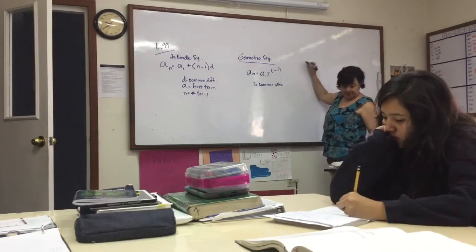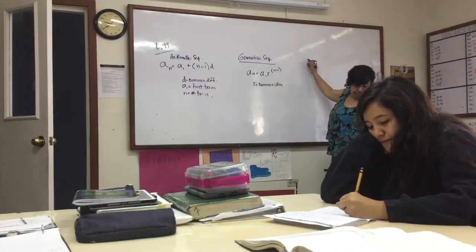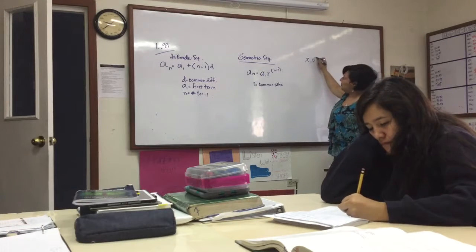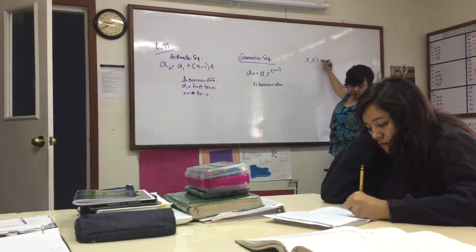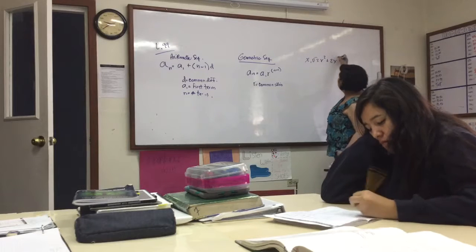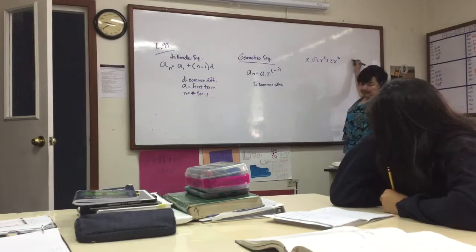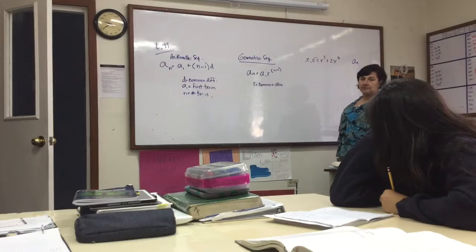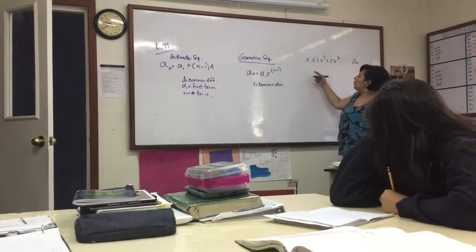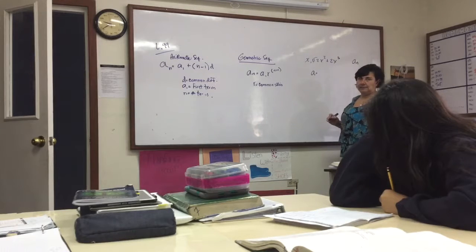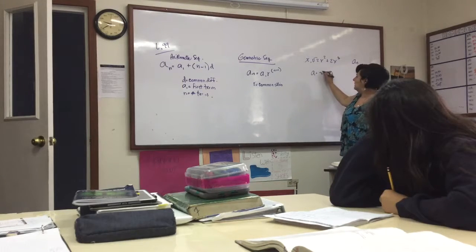So for example, x, square root of 2x squared, 2x cubed, and they want you to find the 10th term of a geometric sequence. So you know that a sub 1 would be x.